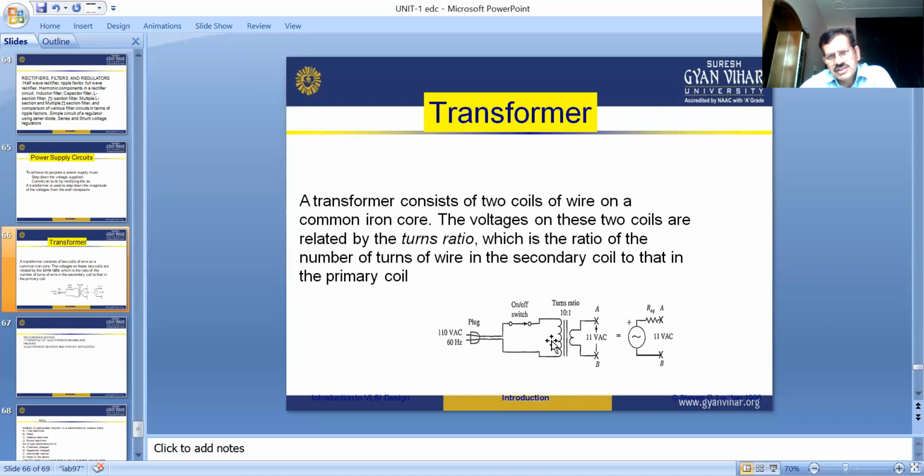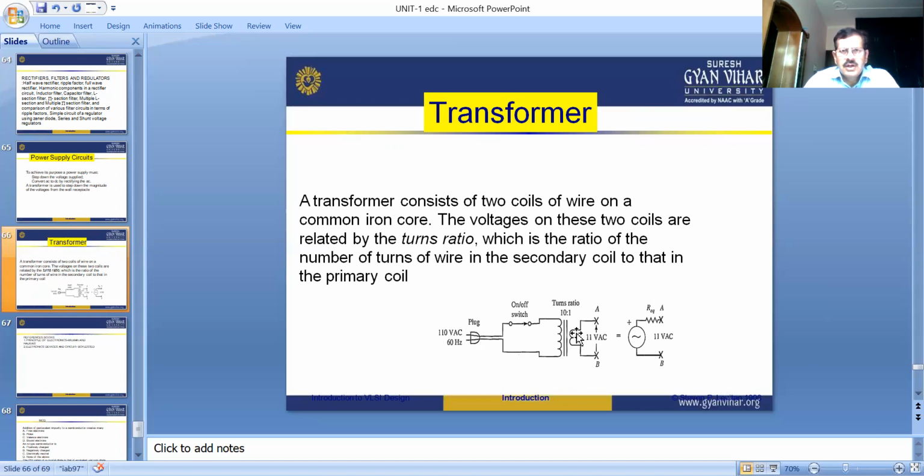Here in this transformer, the primary winding to secondary winding ratio is 10 to 1. It means 10 turns in the primary winding and 1 turn in the secondary winding. This is the turn ratio of the primary winding to the secondary winding of the transformer device.